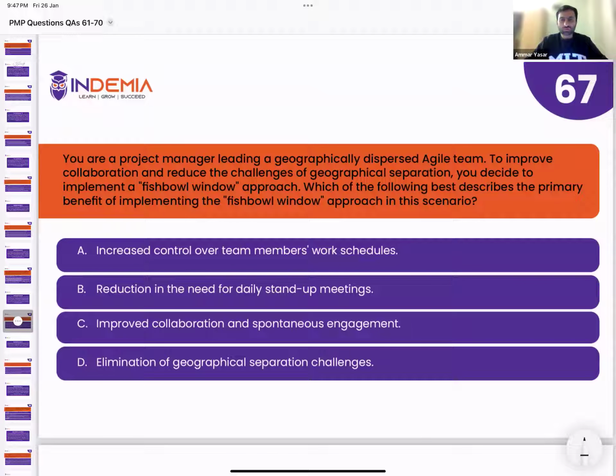They're not talking to each other, they're just working. So whenever somebody needs to talk to somebody, they just unmute and talk spontaneously, right? So just to avoid the challenge of scheduling a meeting, requesting time, right? So the correct answer is improved collaboration and spontaneous engagement. Spontaneous engagement is the key benefit that you get by fishbowl window. Let's read the explanation and then we'll move to the next question.